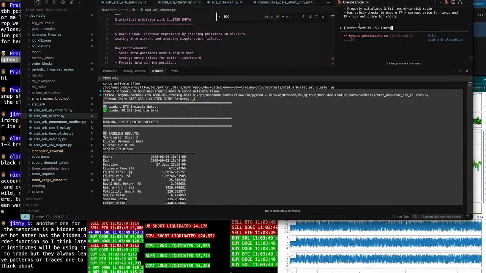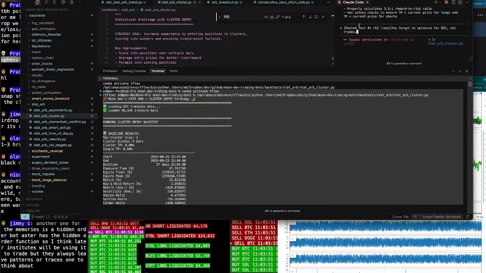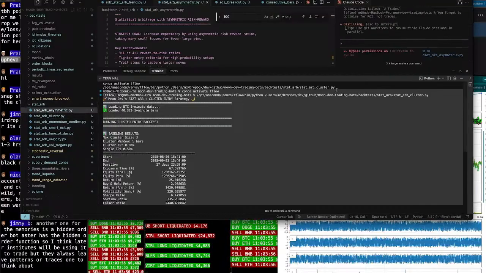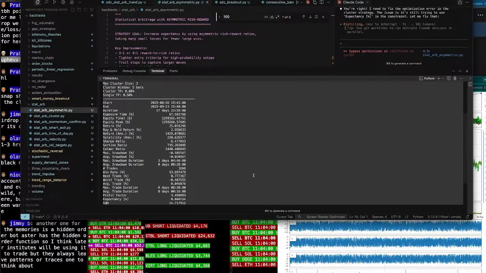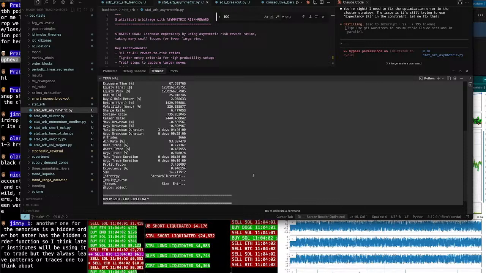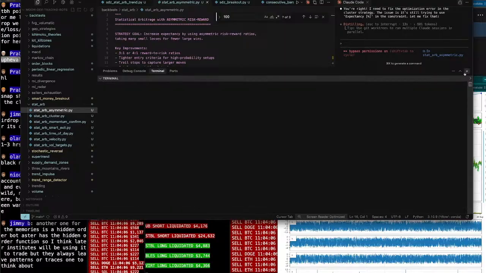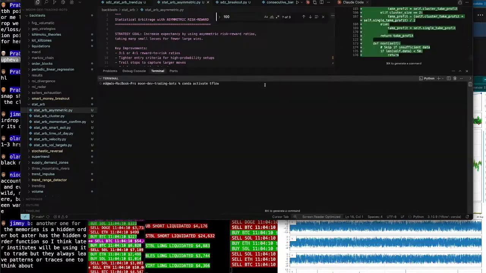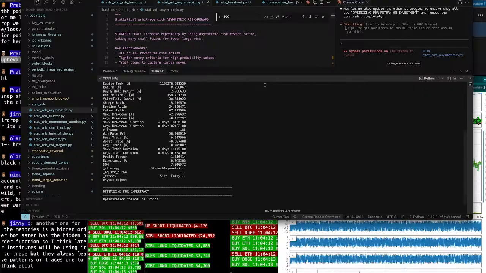You forgot to optimize for ROI, not trades. Let's go back to asymmetric here. 67% exposure time. Asymmetric here.